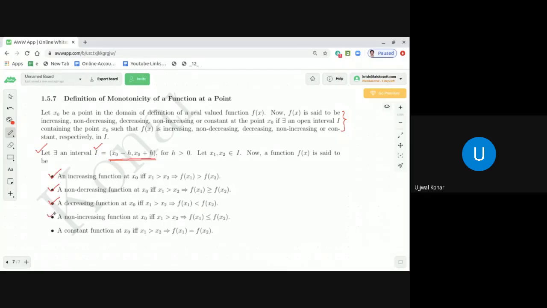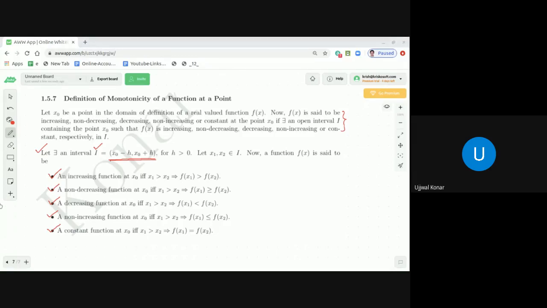A non-increasing function at x0 if x1 greater than x2 implies f(x1) less than or equal to f(x2). A constant function at x0 if x1 greater than x2 implies f(x1) equal to f(x2). That is the fundamental definition of monotonicity of a function at a particular point x0.